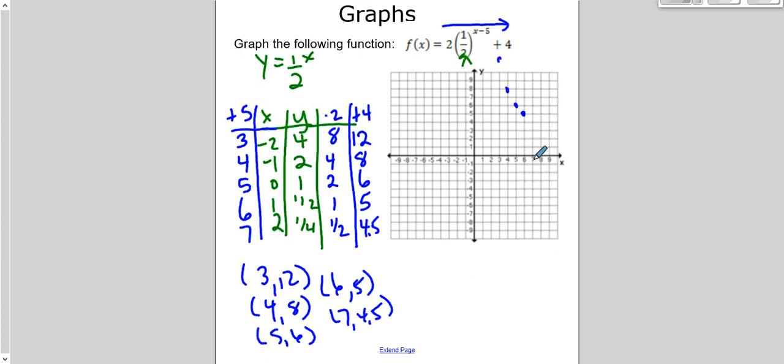And 7 and 4.5 is there. Okay, so what we have then is this function. Whoops, sorry. Not so easy with a mouse. Kind of looks like that.